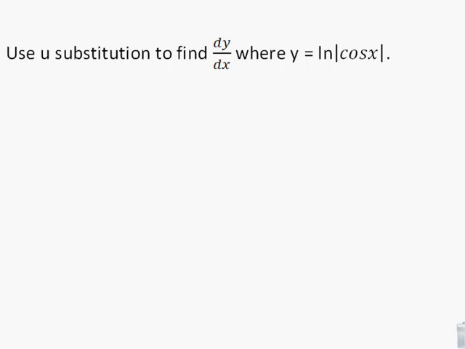Our last one, we have y equals natural log of the absolute value of cosine of x. So we will do our substitution. We notice this is actually just a natural log question, so we'll let u equal cosine of x.